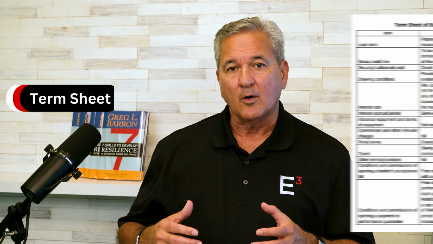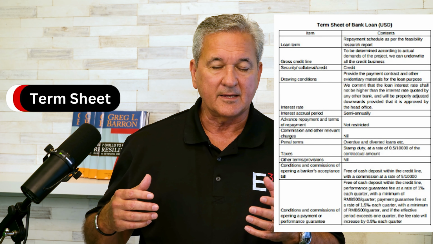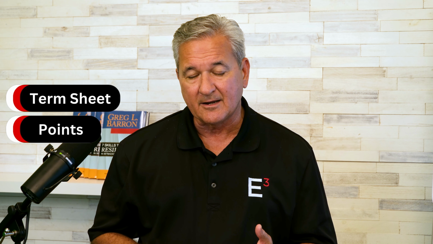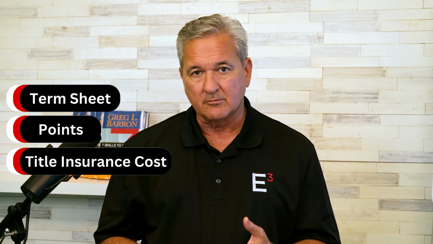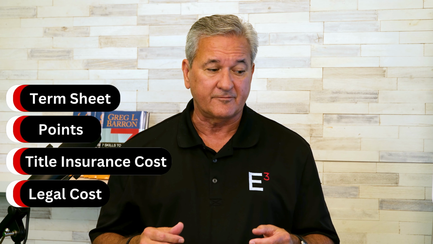So not only have I got my term sheet or at least an idea of what my interest carry for my construction loan is, but I also have my points. I also figure out my title insurance cost, any legal costs, which could be substantial if it's a sponsor investor type of deal. Now, the next component of the capital stack is to determine just what kind of investor-sponsor relationship you want to have.